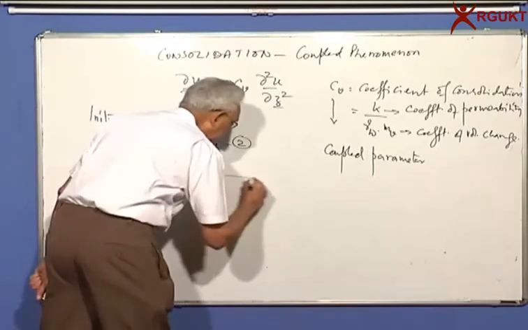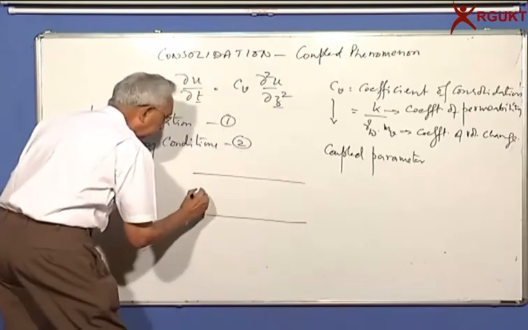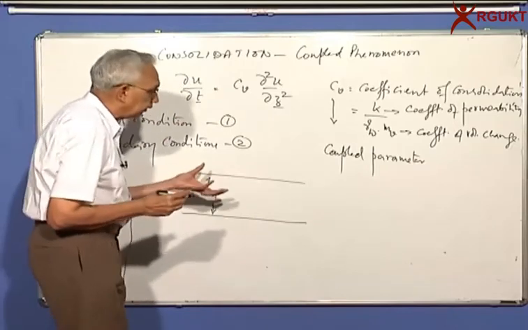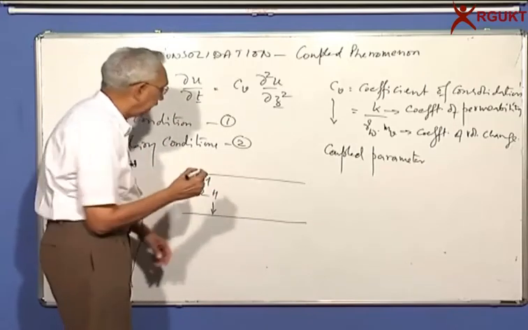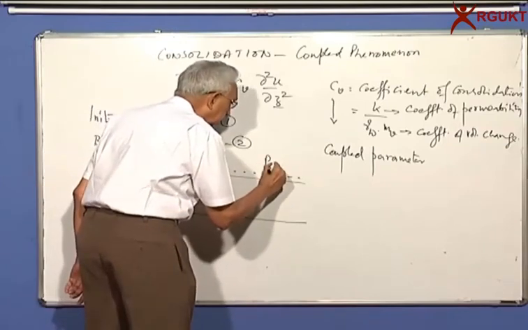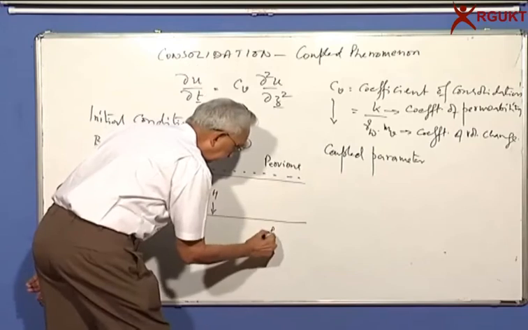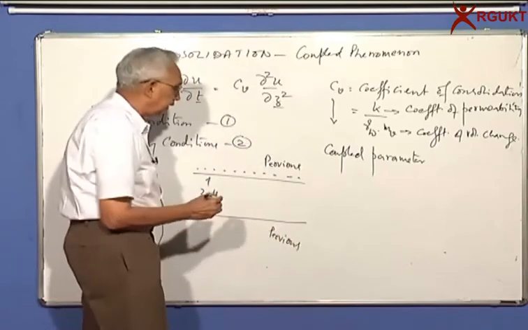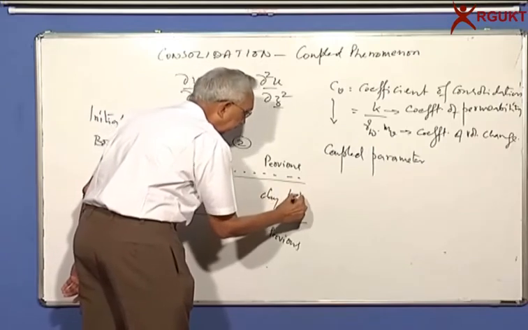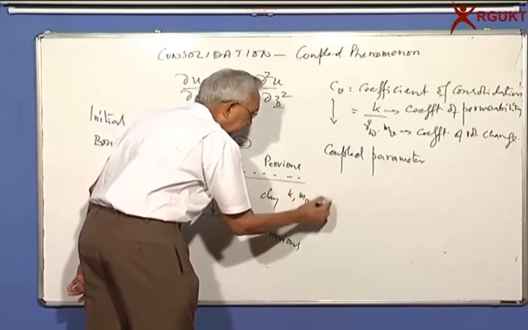Here is the clay deposit of thickness, let us say 2h. Please note that the total thickness I am saying is 2h. You have a pervious stratum on top, another pervious stratum on the bottom of the clay layer. This is the clay layer whose properties are k, m_v and c_v.